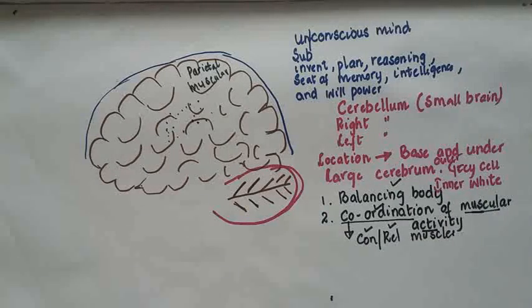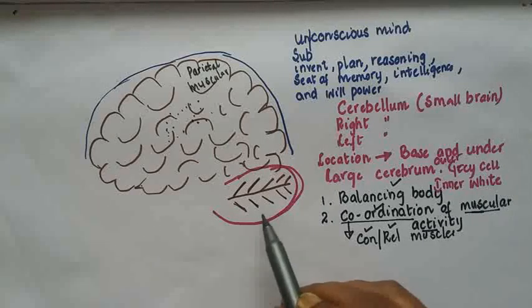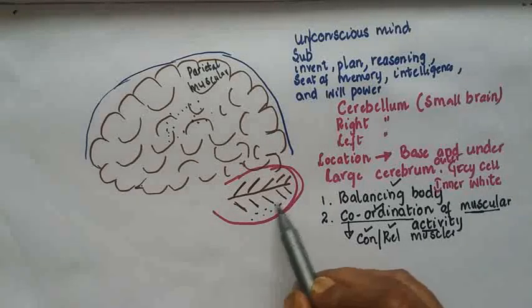Probably you would have seen that an alcoholic person cannot walk properly. This can be one of the expected questions for a give-reason. Why can he not walk properly? It's because the cerebellum is under the influence of alcohol.